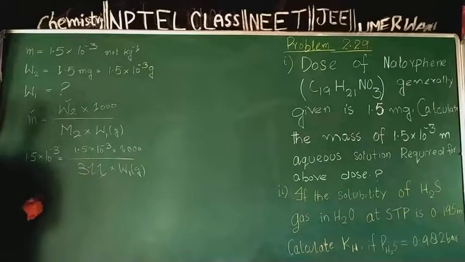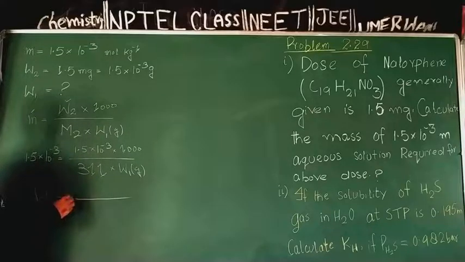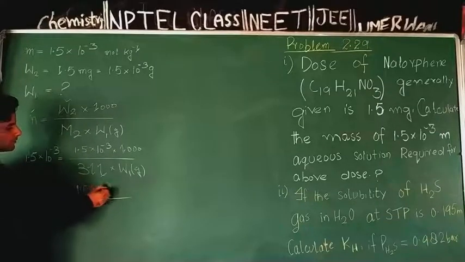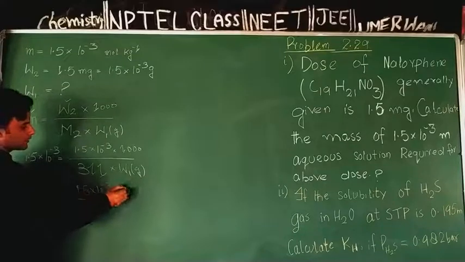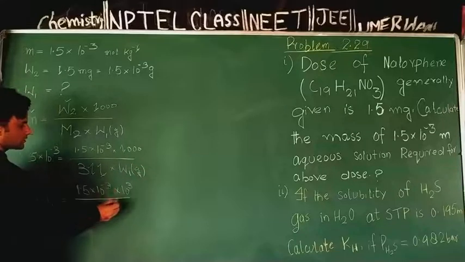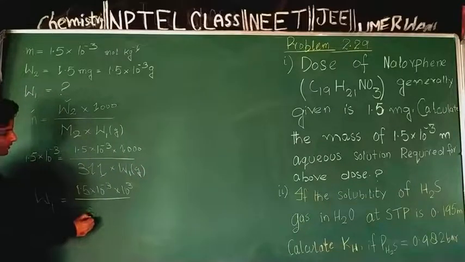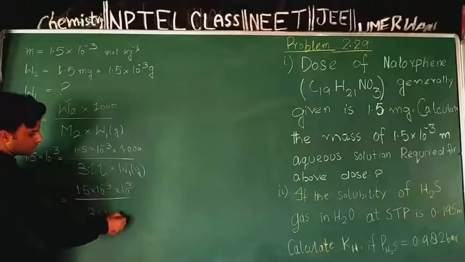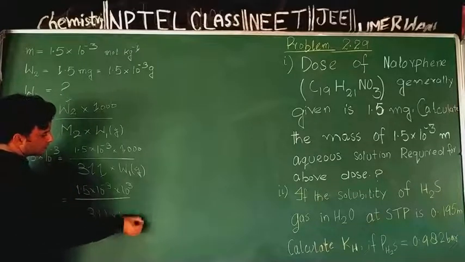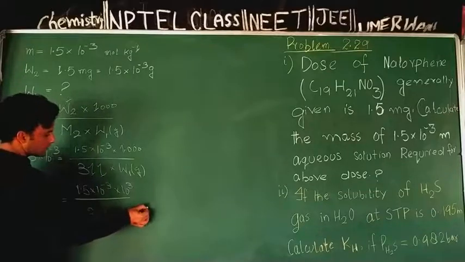So W1, the mass of water, will be equal to 1.5 into 10 to the power minus 3 multiplied by 10 to the power 3, since 1000 means 10 to the power 3, divided by 311 multiplied by 1.5 into 10 to the power minus 3.